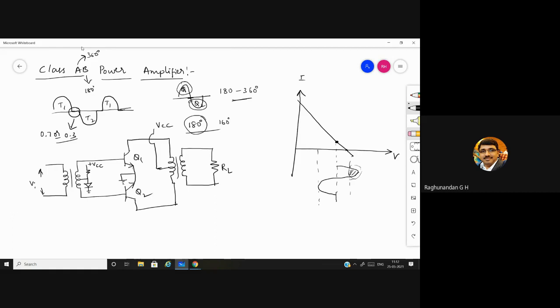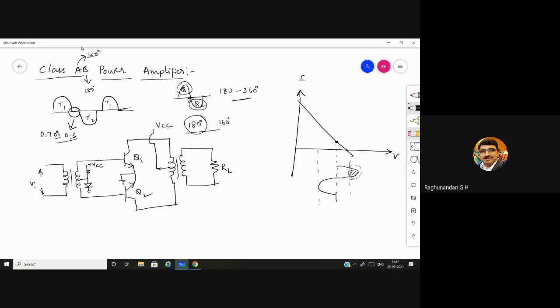So whatever cycle comes before the cutoff region, only that signal will be flowing. When that portion of the signal is eliminated, we cannot say we are getting a complete 360 degrees. It is just less than 360 degrees. At the same time, we cannot say it is 180 degrees, because it is greater than 180 degrees. So more than half cycle we are getting here.